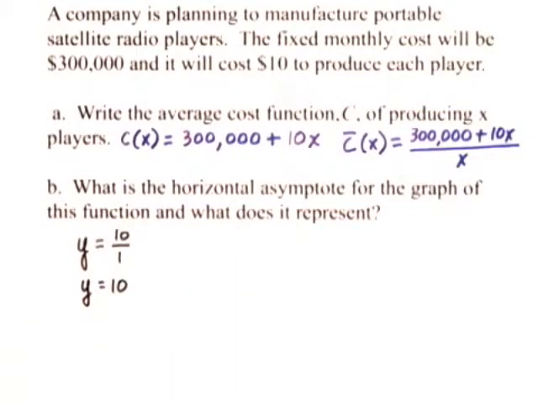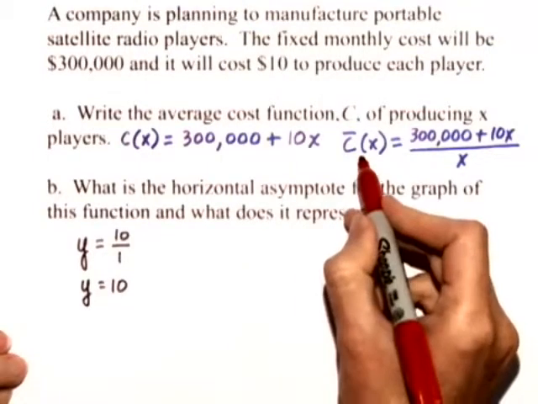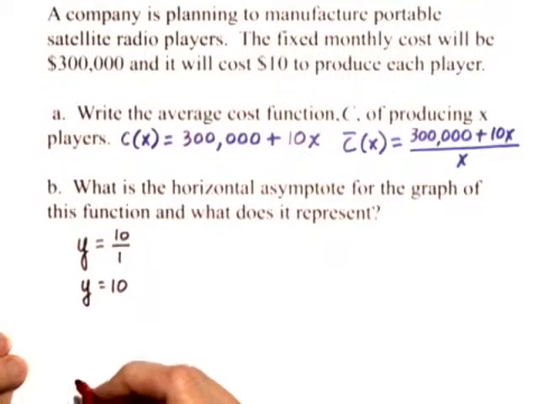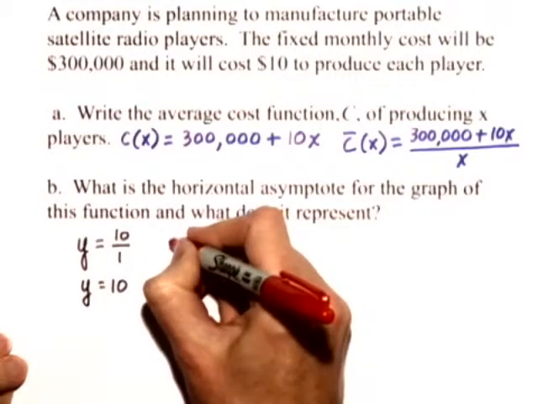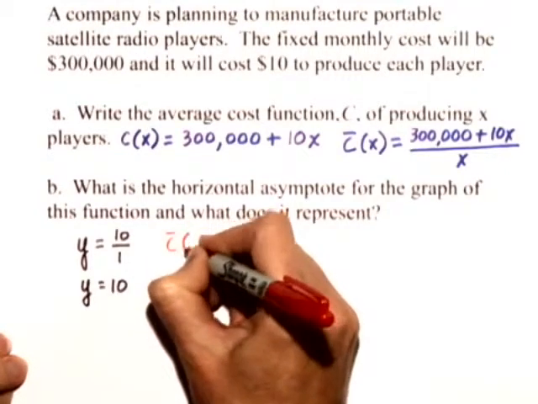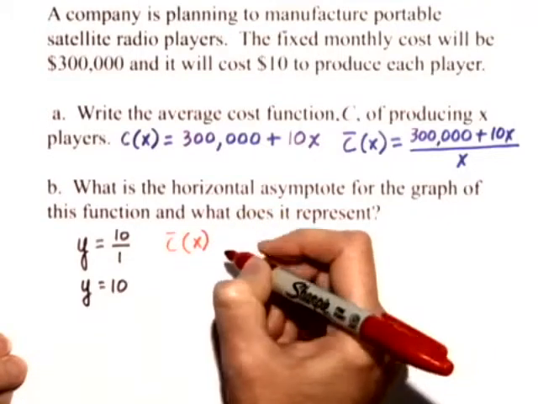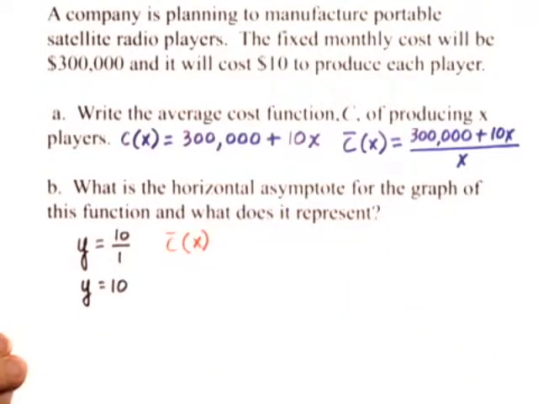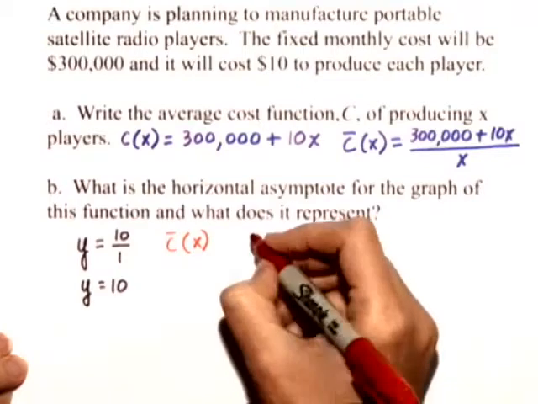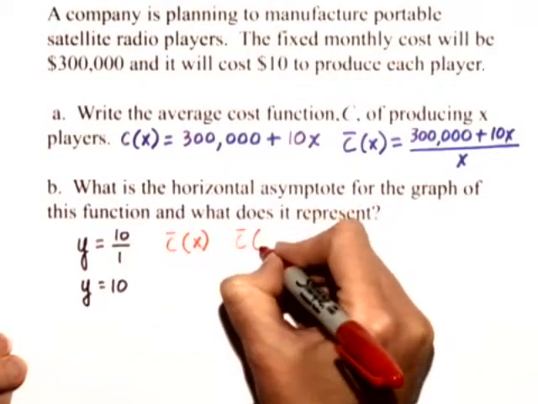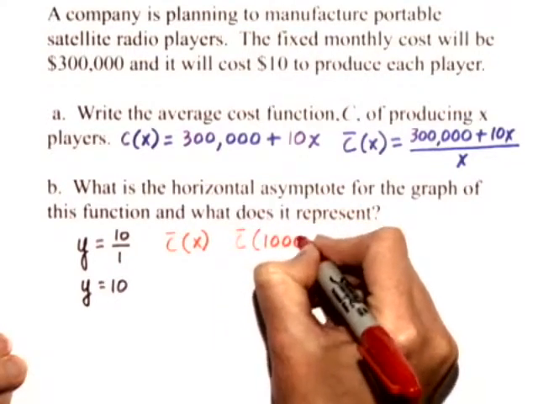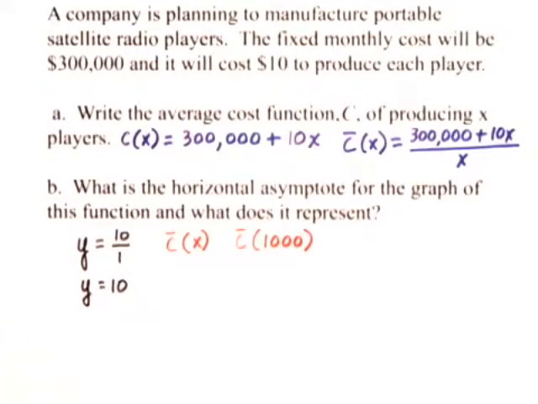Now the question is, what does this represent? Well, before I answer that question, let's just investigate the average cost function a little bit more. Let's say we want to define the average cost, C bar of X, when X is equal to 1,000. So let's find the average cost of producing, say, 1,000 of these portable satellite radio players.